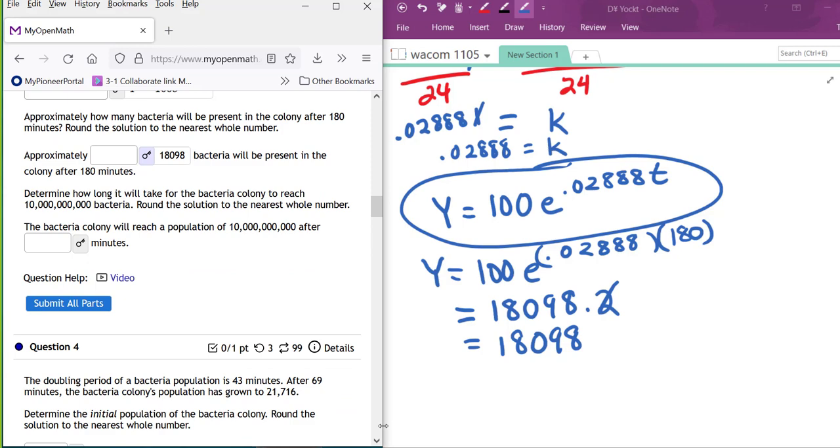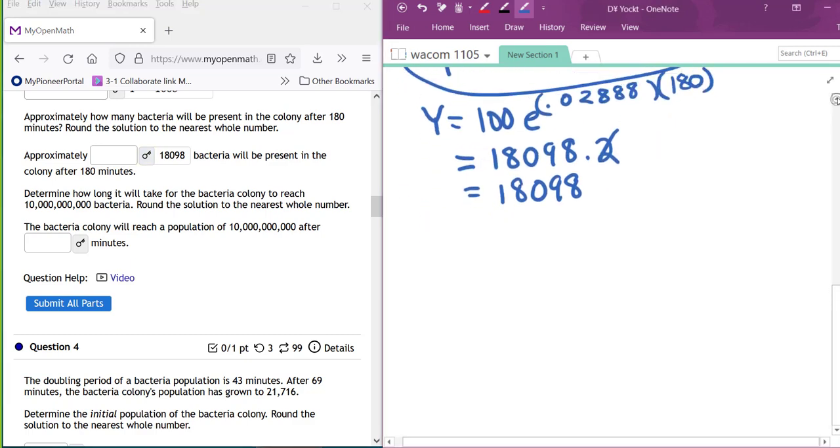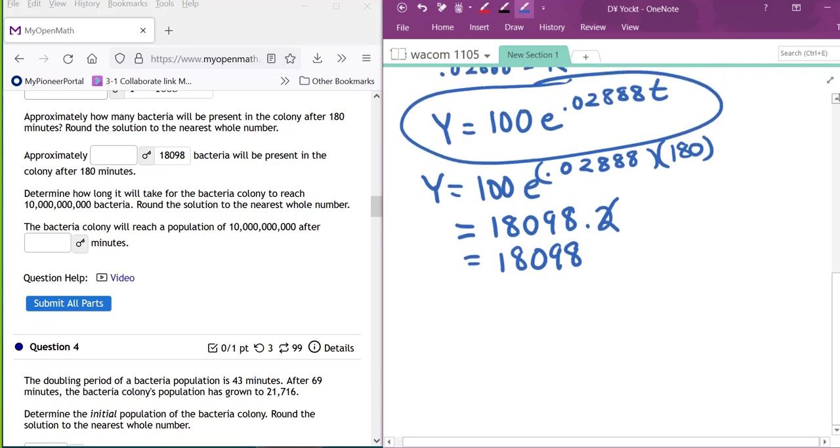And this next one, they want us to find t this time. How long will it take the colony to reach, and I believe this is 10 billion. So I have to be real careful here with the zeros. Let me get down just enough till I can still see the formula or the model.